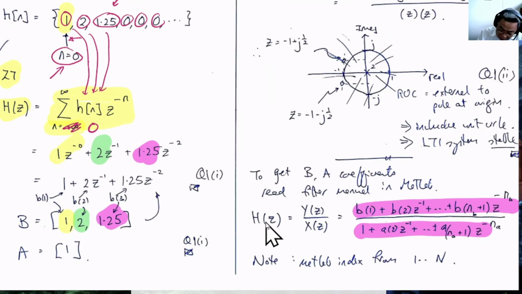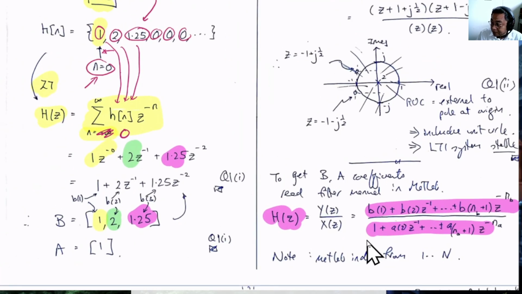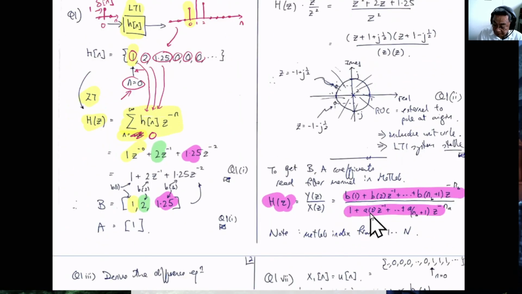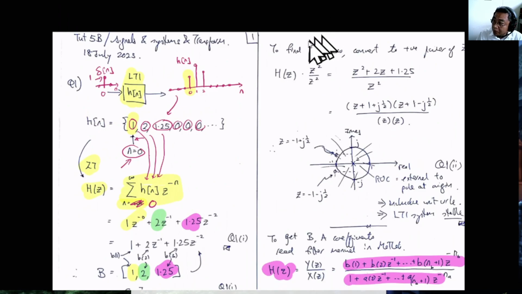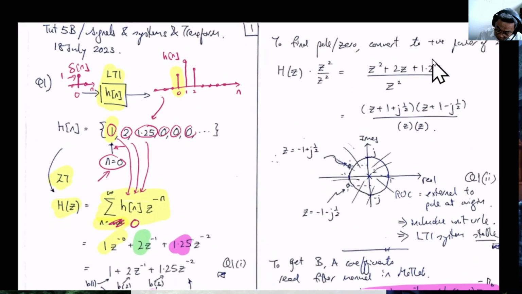Remember that H(z) is Y(z) divided by X(z), and if you write the equation of H(z), you only get the B coefficients and the A coefficient is 1, simply because our output has no feedback. Now we want to find the poles and zeros.